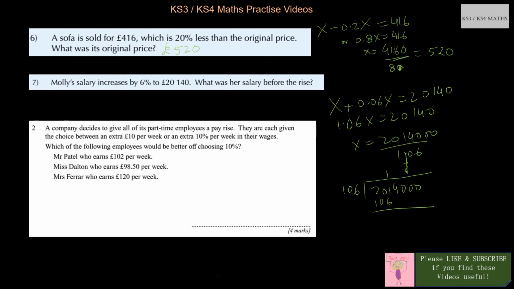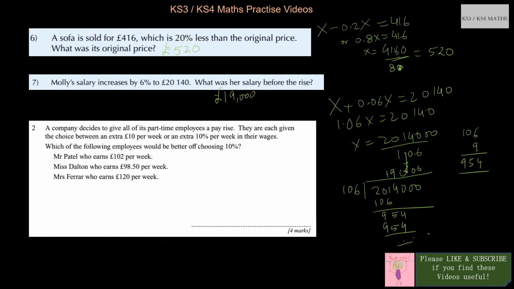Then I bring down the 4. 106 times 9, 6 times 9 is 54, so I get 954, and then all the zeros, 1 2 3 zeros, so that should be 19,000.